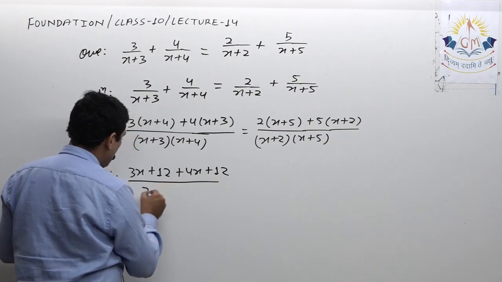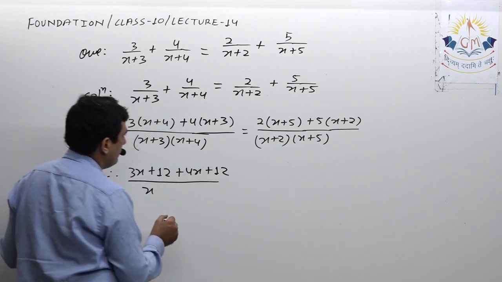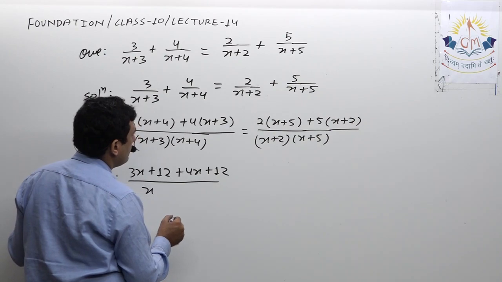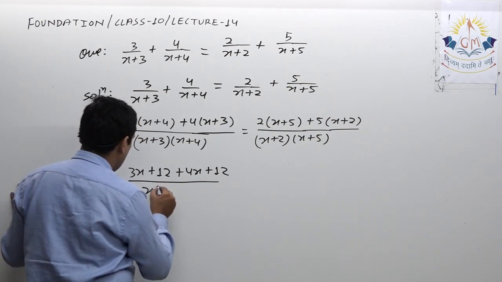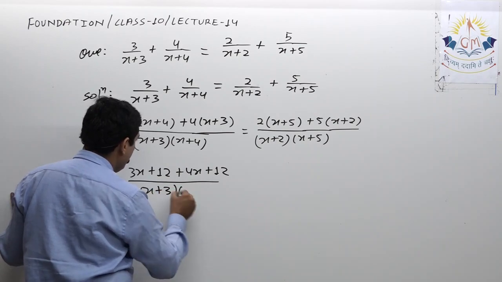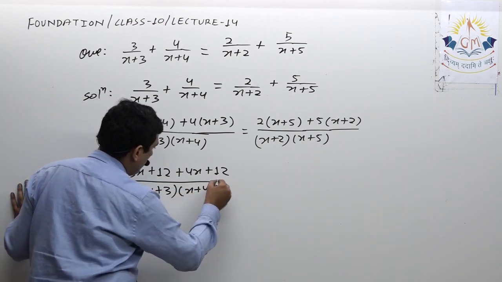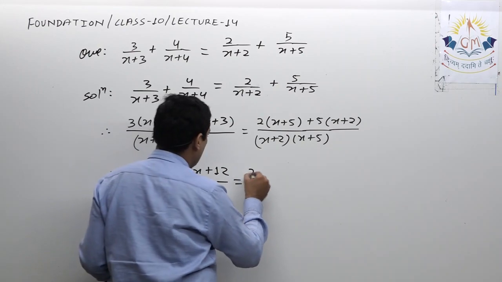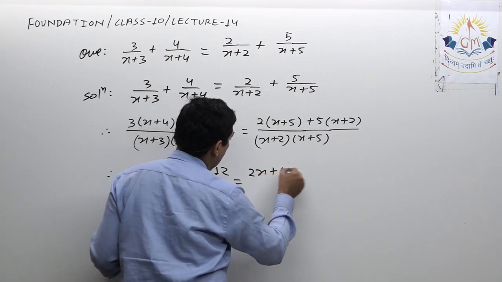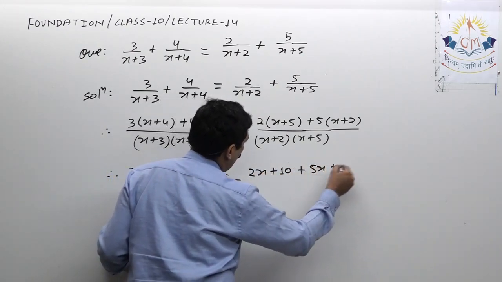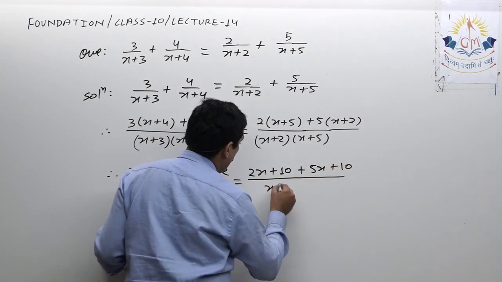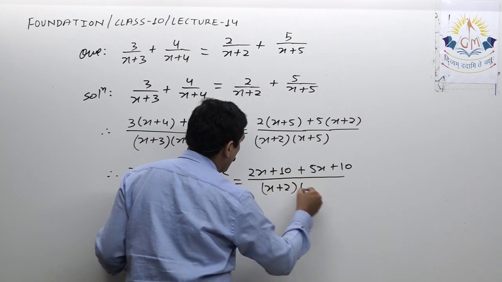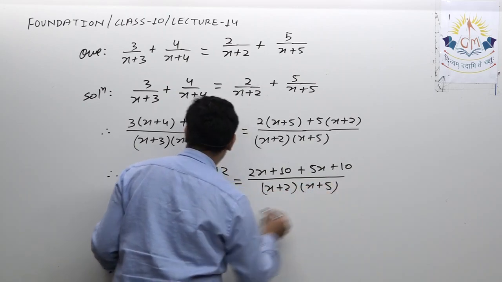Divided by x plus 3, x plus 4, is equal to, here it is 2x plus 10 plus 5x plus 10, divided by x plus 2, x plus 5.